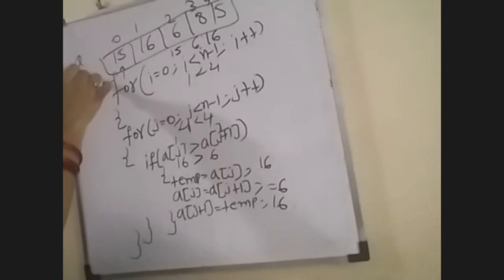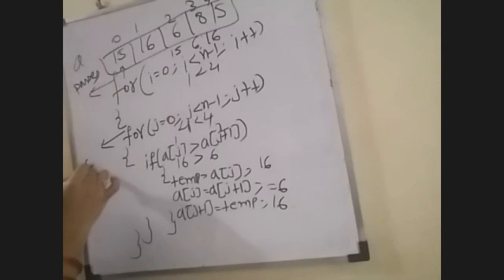So then it will perform the inner j loop again, 4 iterations, so 4 comparisons. After that, the j condition becomes false and it will go to the outer loop again. So this for loop is used for the number of passes, and this for loop is used for comparing the elements.